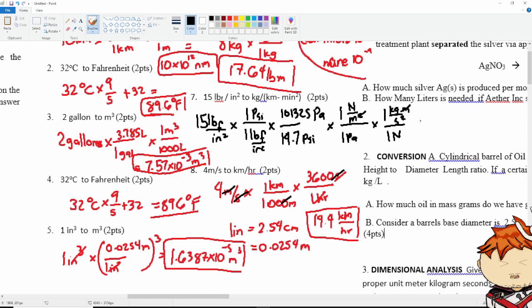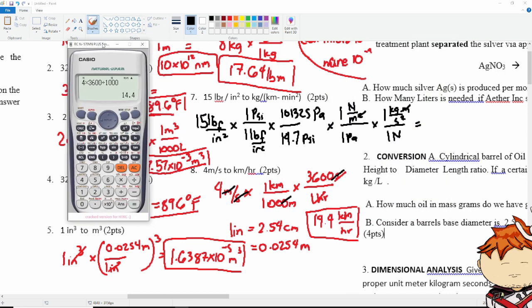Cancel meter. So 15 times 101,325 divided by 14.7 is 103392.8571.